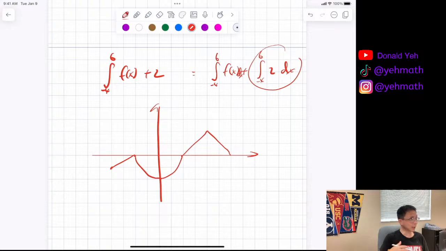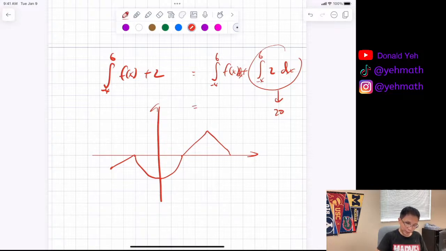This one's basically a function of 2 from -4 to 6, so that's a distance of 10. So this one's 20. That's a geometric understanding. The integral of 2 between -4 and 6: the width is 10, the height is 2. That has nothing to do with this graph.